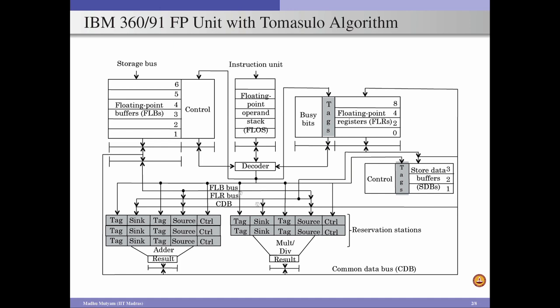And also, because of these FLB and SDB register files, we are performing all our memory operations in register mode, so that we are separating our memory access from the actual computation. So as and when the data is available in these registers, only then will the instruction be issued to the functional unit, and the functional unit is going to execute the instruction.